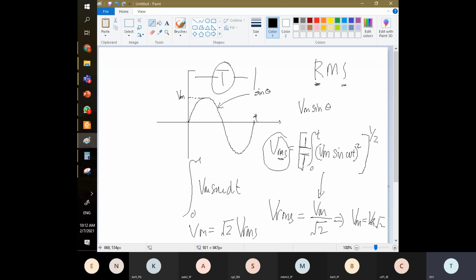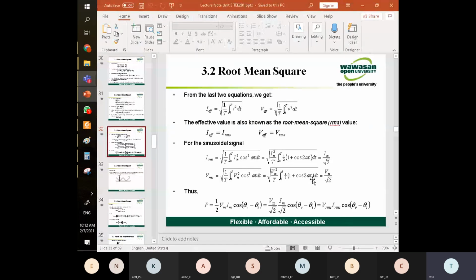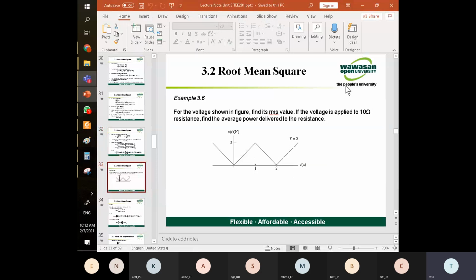Vm is equal to root mean square times square root of 2. So at the end, you arrive at this value here, if you follow the root mean square. It's pretty technical.